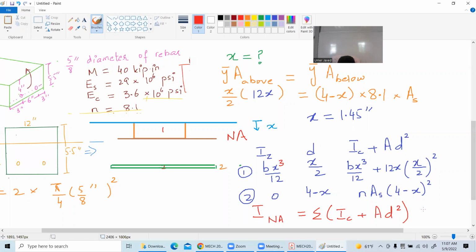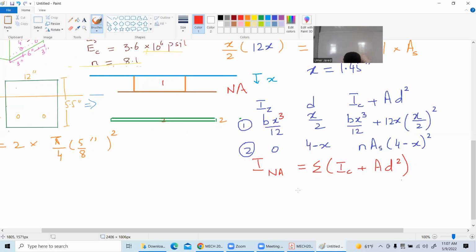Okay. Now I have 44.4. Okay. Do it again. So I have moment of inertia. Can you please do it, everyone? 44.4 inch power 4. Please do it. I'm not going anywhere till you do it.